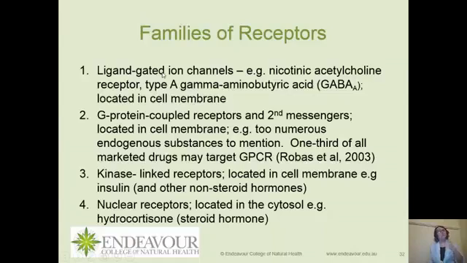It can either shut it or open the channel, and so we've now got the drug to target the ligand site. Some examples of ligand-gated ion channels in your body are the acetylcholine receptor. This would be found, of course, in nerve tissue and also in various smooth muscle tissue throughout the body.